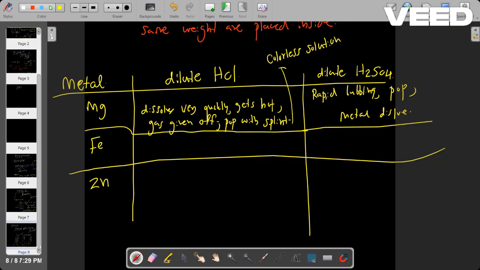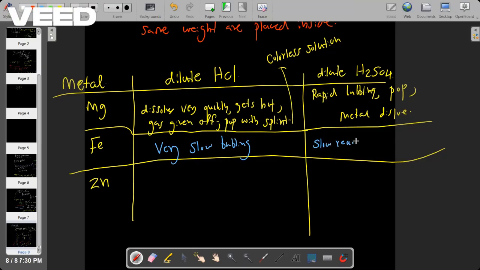Very slow bubbling. Slow reaction, small bubbles here.